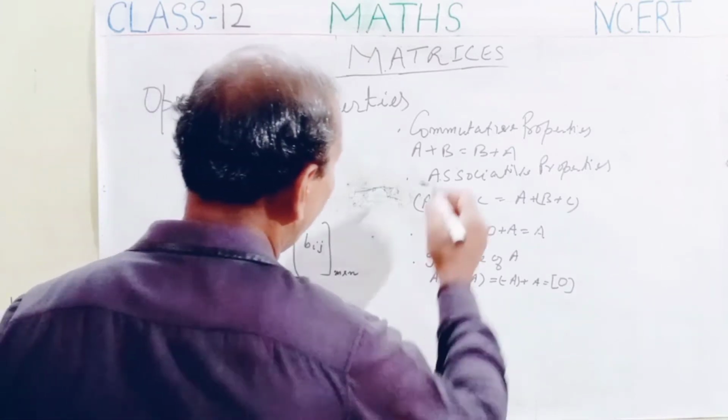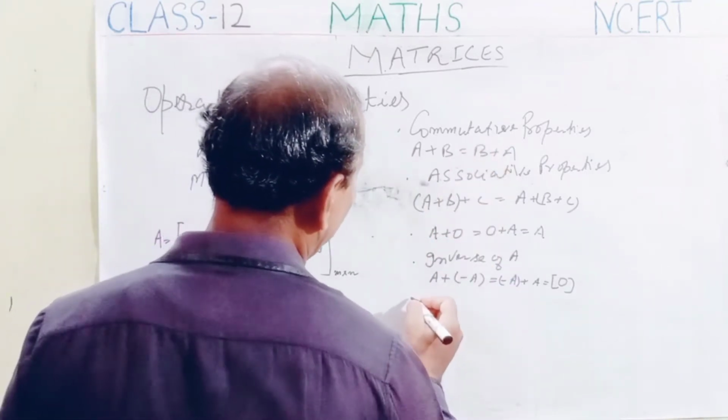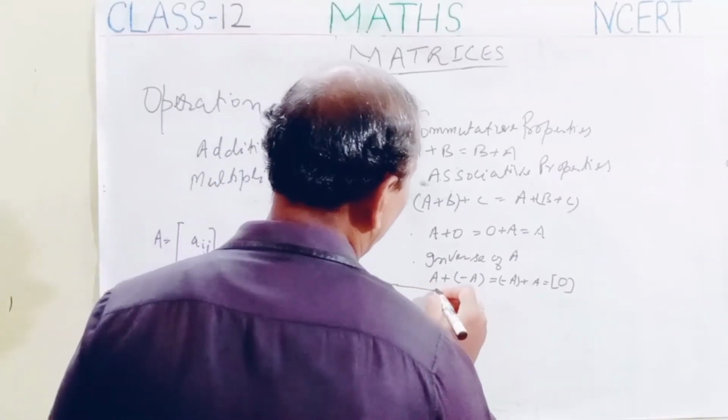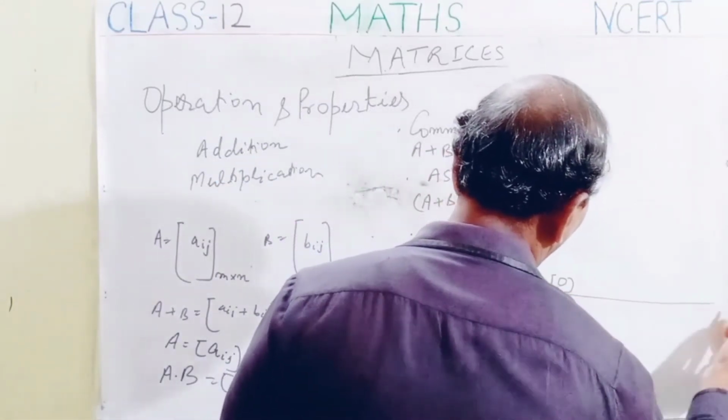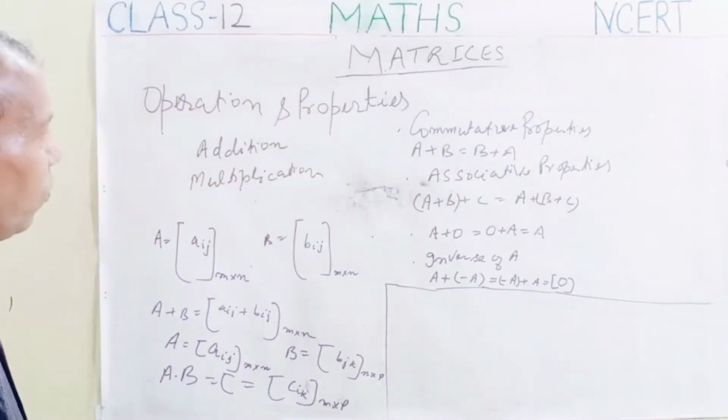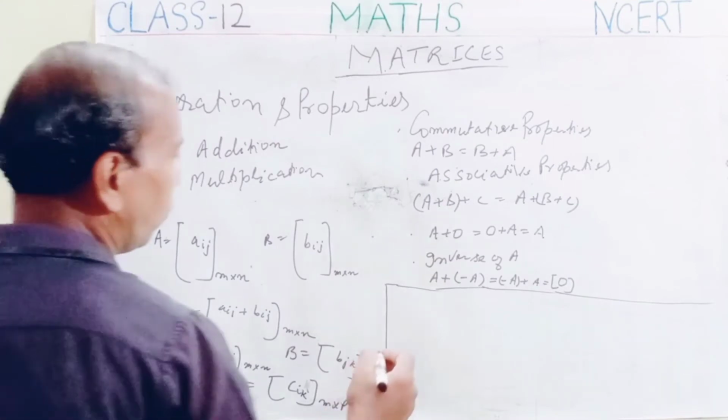First one is the commutative property. The commutative property is not true for this multiplication. Means what?